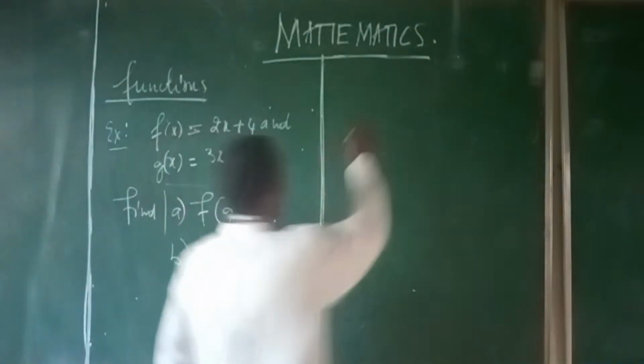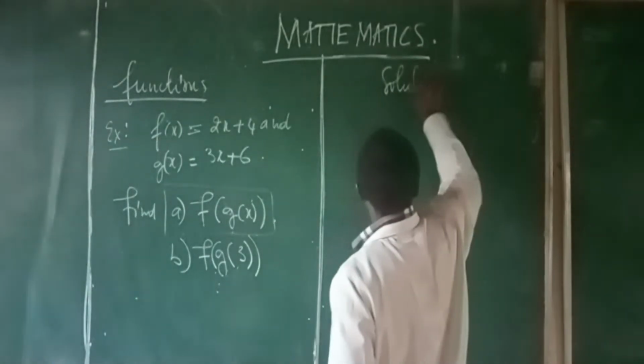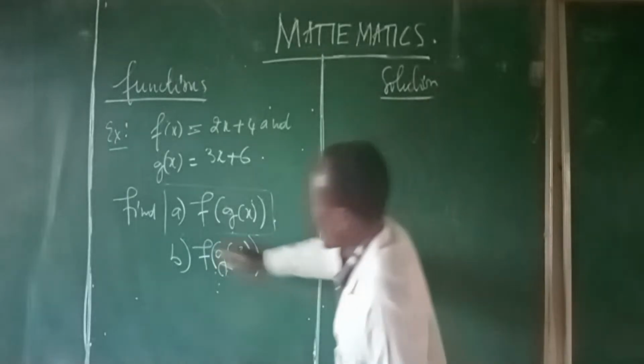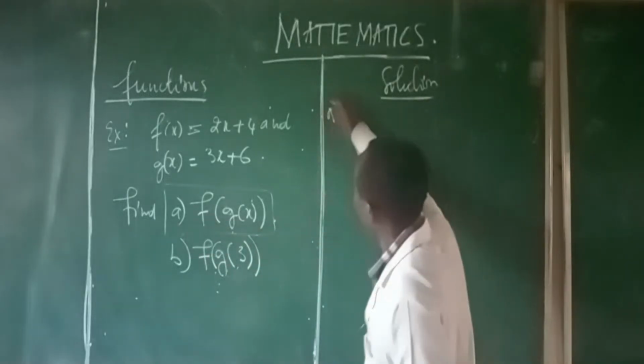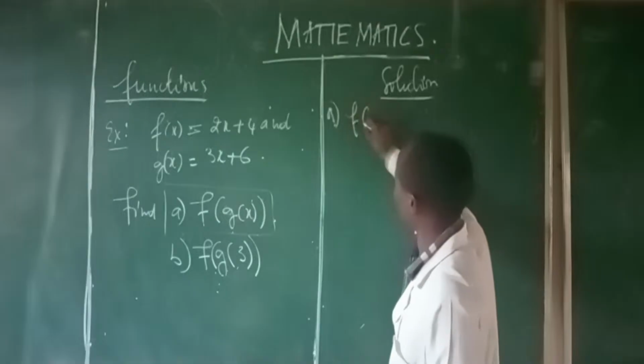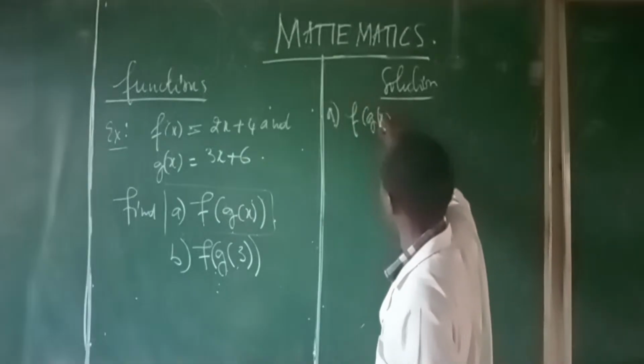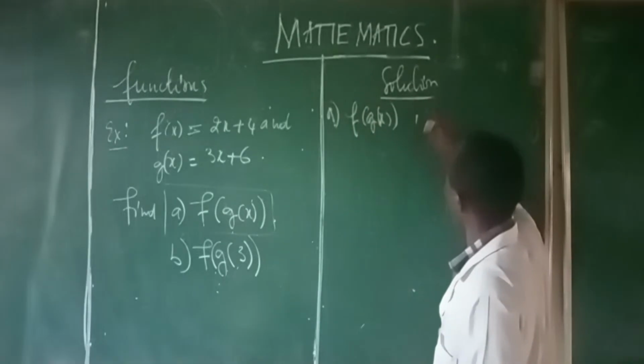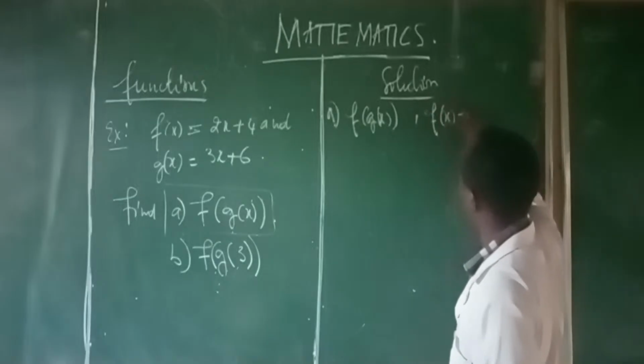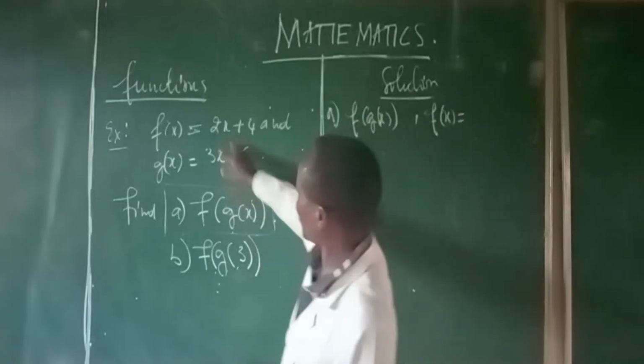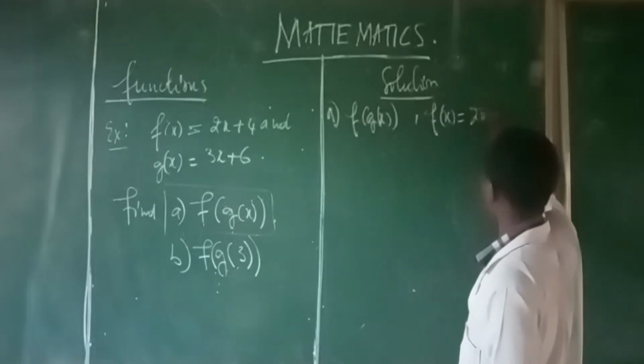So now let's find number 1a, f of g of x.